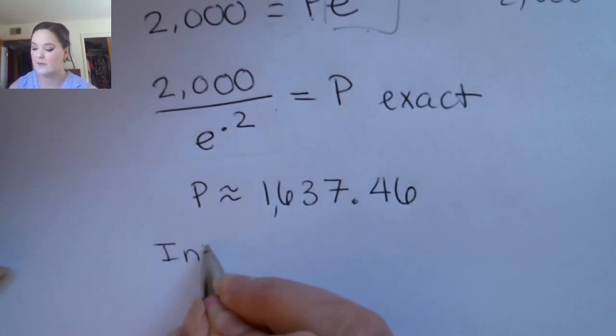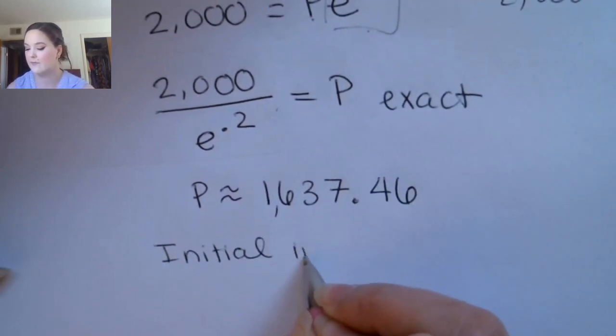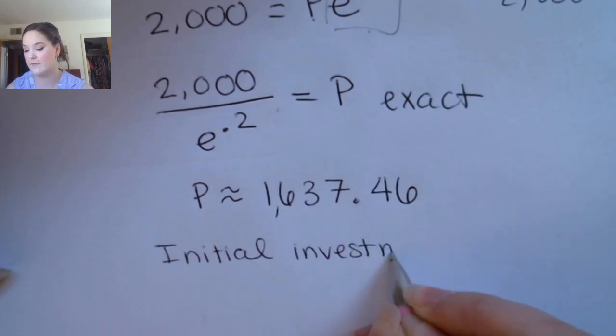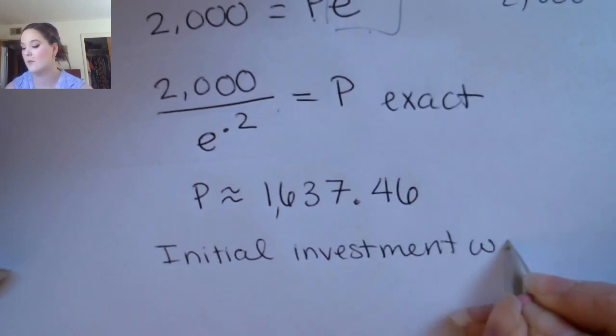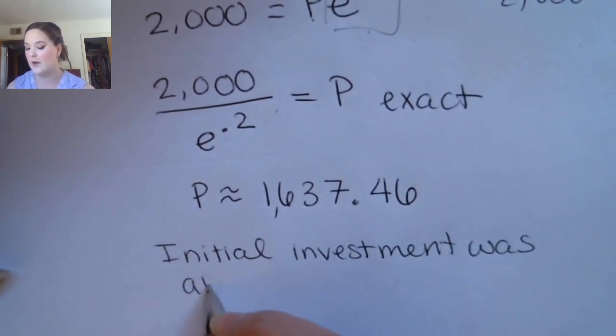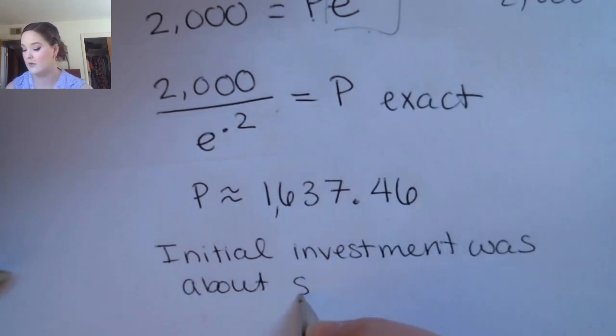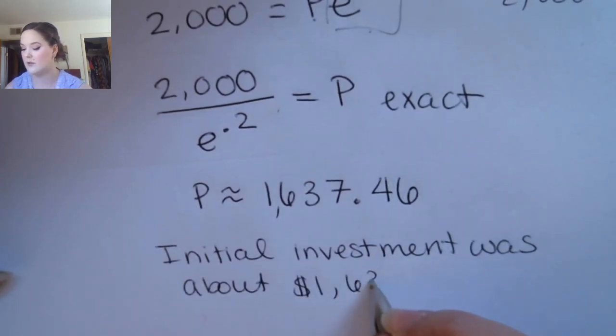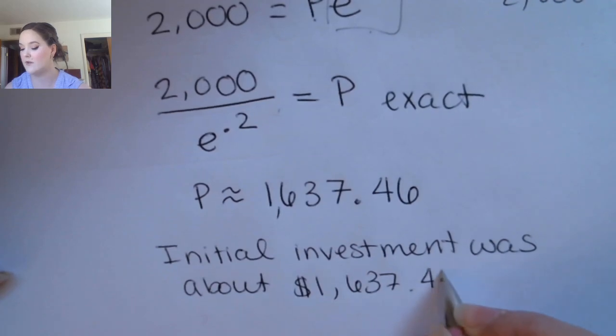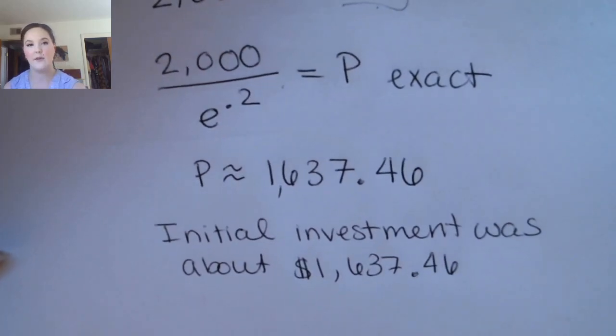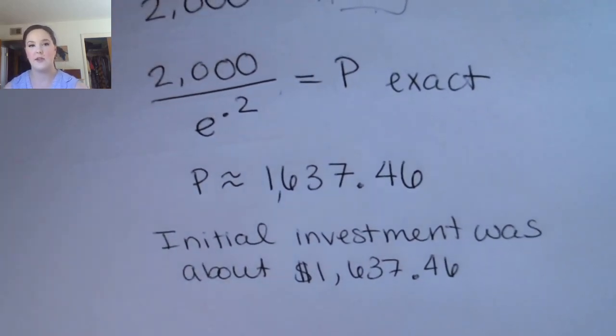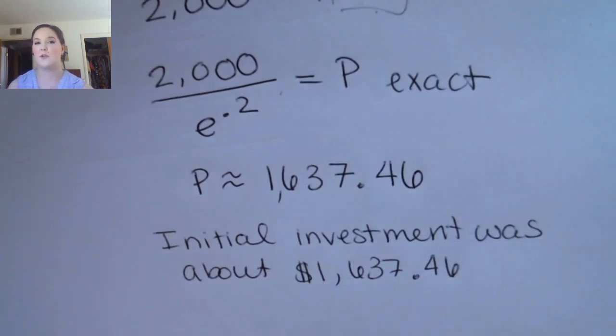The initial investment was about $1,637.46. Okay. Don't forget with these questions, because you have a word question, you need a word answer, right? So all of your answers should have some sort of sentence with them.